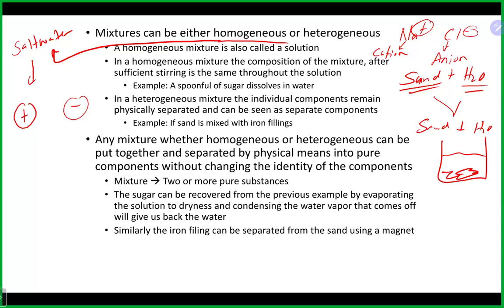One of the things we'll talk about is look at something like water. Water is what is known as a polar molecule. And basically, for our purposes at this point, it means that there is basically two charges on water. The oxygen side of water is more negative, and the hydrogen side of water is more positive. And as we'll talk about in a later chapter, that's due to unequal sharing of electrons over the whole molecule.